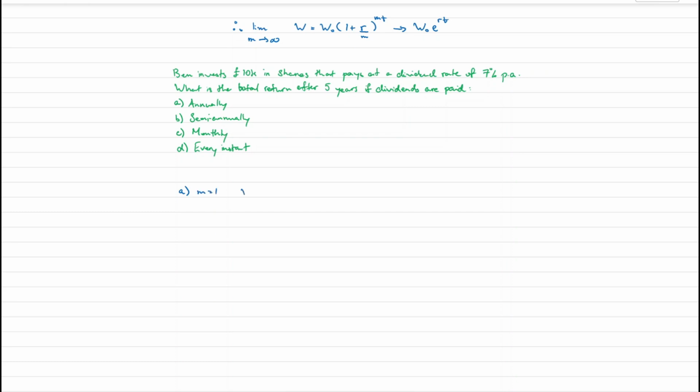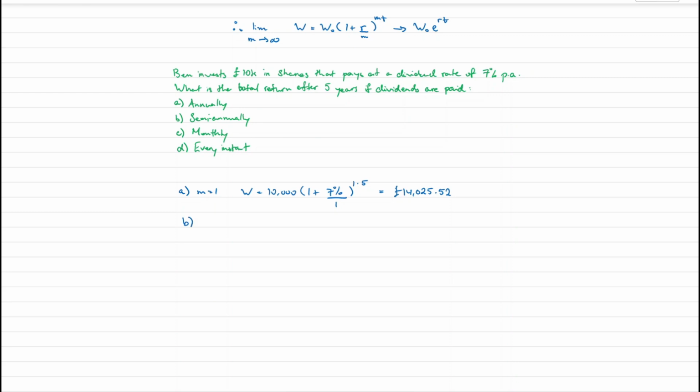The value of W becomes £10,000 (1 + 7%/1)^(1 × 5), because we want to calculate the total return after 5 years, so t is equal to 5, and that is equal to £14,025 and 52 pence.